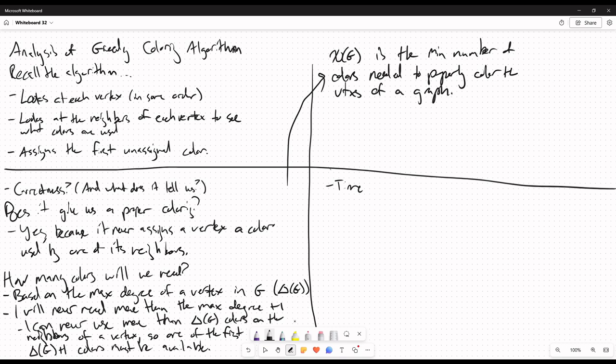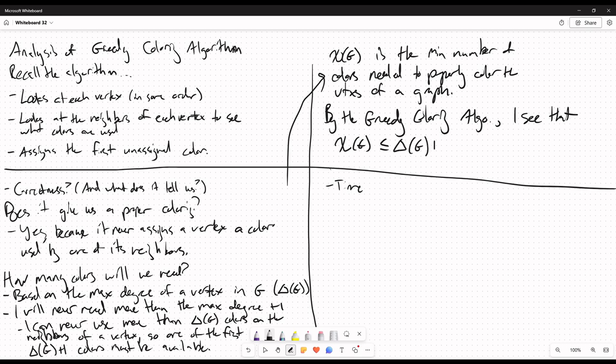So by this greedy coloring algorithm, I see that the chromatic number of G has to be less than or equal to the maximum degree of G plus 1. Why is that? Because I can always color a graph using delta G plus 1 colors. So the minimum number of colors needed will be at most delta G plus 1.